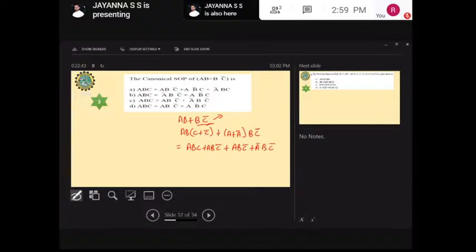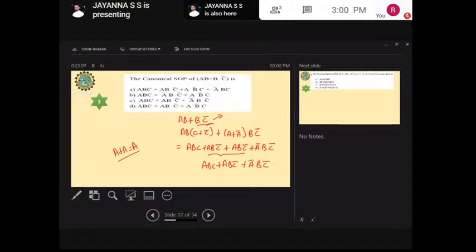You can see that there are two terms, ABC bar and ABC bar. Suppose if you have A plus A, you write this one as A. Similarly, ABC bar plus ABC bar can be written as a single ABC bar, so the result is ABC plus ABC bar plus A bar BC bar.